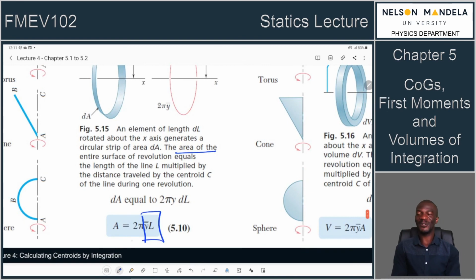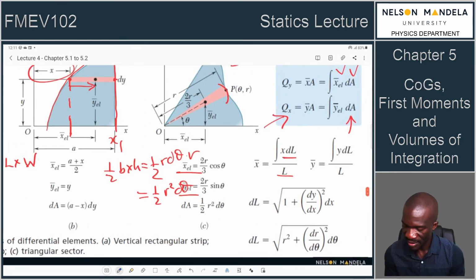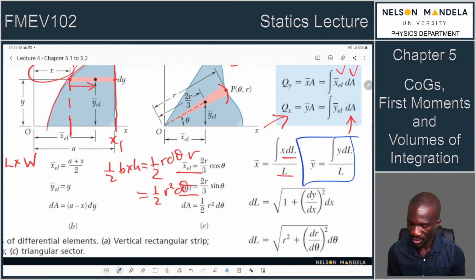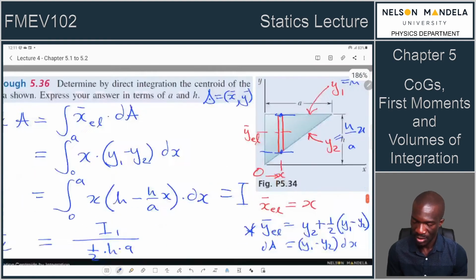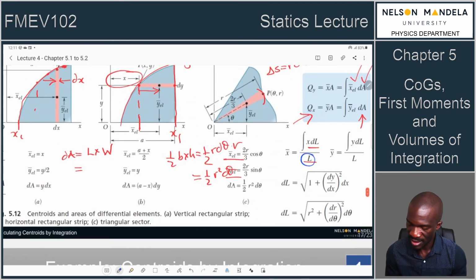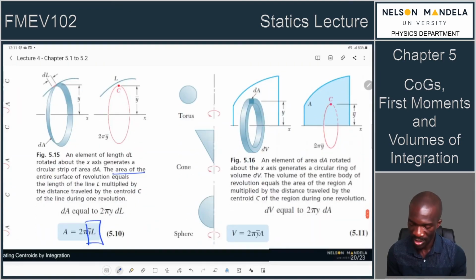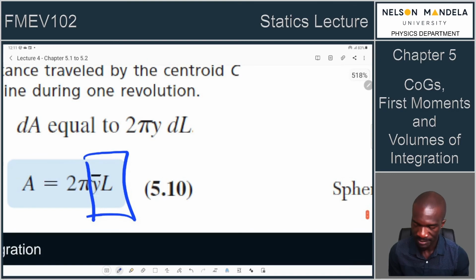Do you remember where we saw it? This part of the equation is actually what was derived for us in these calculations. So this is what we are looking at here. That's your dL. In other words, if you take this L to this side, that is what is defined here.